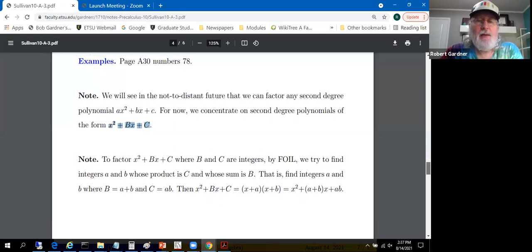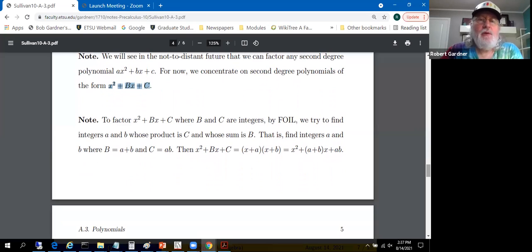Okay. We're really trying to multiply out backwards. We're trying to do FOIL backwards, or see what FOIL would imply. To factor x squared plus capital BX plus capital C, where capital B and capital C are integers, by FOIL, we try to find integers, lowercase a and lowercase b, whose product is C and whose sum is B. So there's the whole story right there, written verbally.